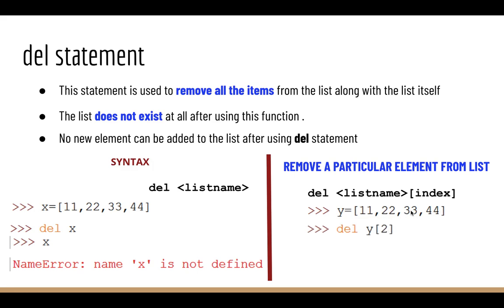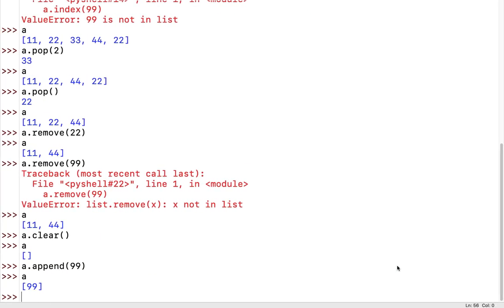Now if I want to remove 33, what is the index of 33? 0, 1, 2. So if I simply type del y[2], it will remove 33. To see the updated list, just type in y and it will return the updated list for you. Alright, let's try to implement and see it.